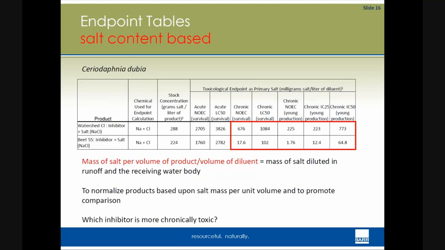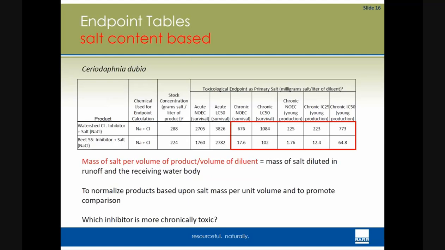And when you express that as a salt, it really pops out what the difference is. You can see in that product that 17.6 milligrams of sodium chloride really should not be causing that kind of toxic result. So it's somewhat implied that it's the inhibitor rather than the salt causing toxicity.